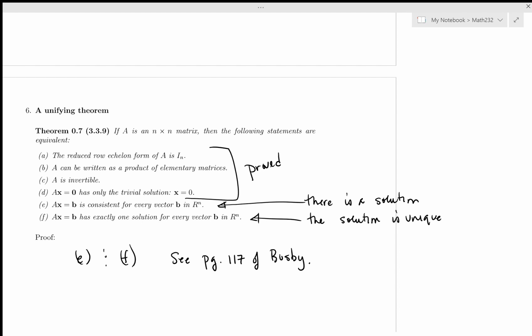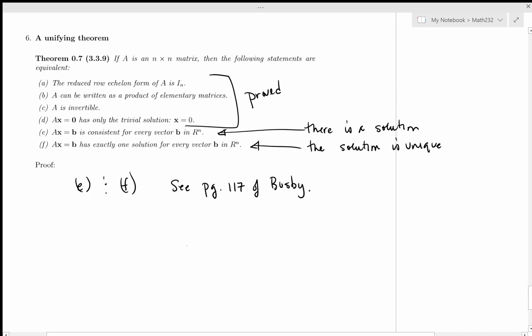Every elementary matrix has an inverse, and we can use that idea to find the inverse of A by forming the compound matrix A, I, row reducing until we get to I, at which point we are going to be able to see the inverse right there. Okay, so that's the idea.